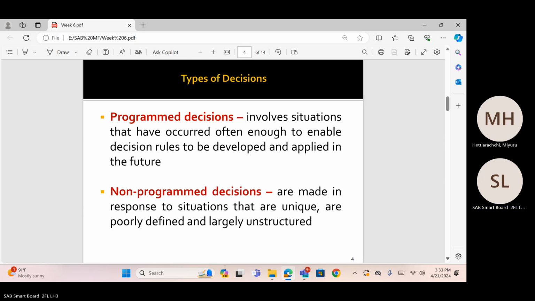Medium term. Then tactical: operational, strategic, tactical. Routine, non-routine, semi-routine.